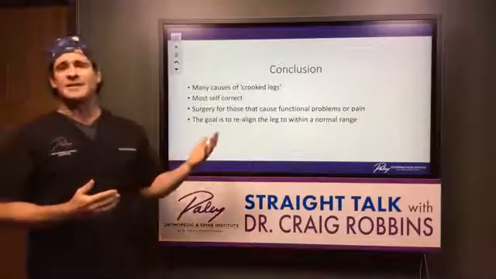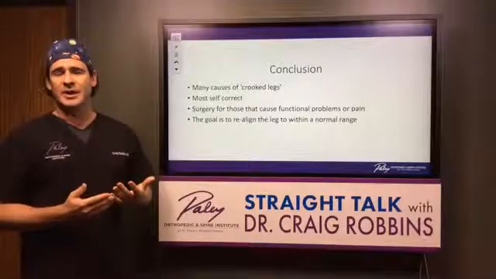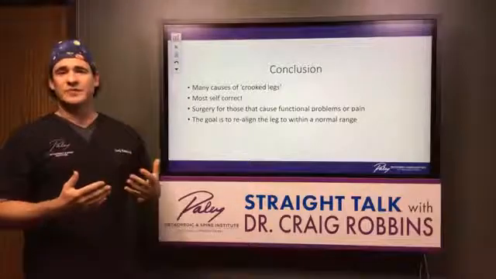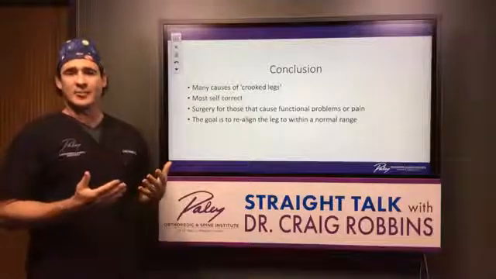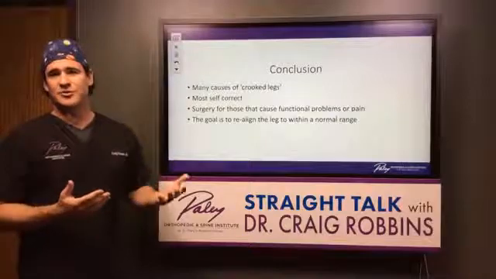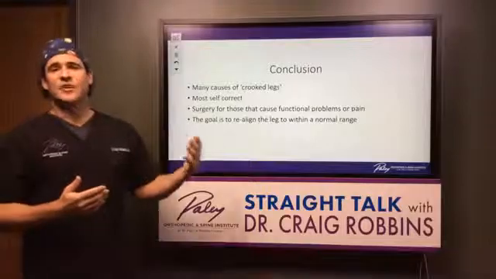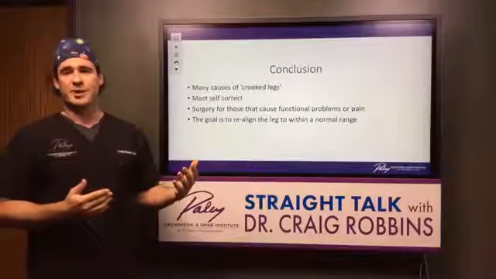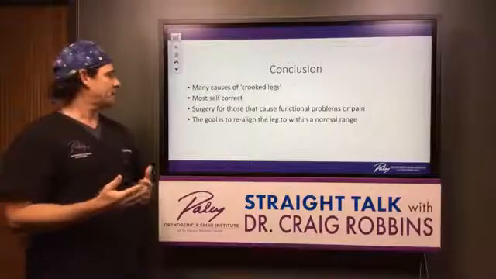What we spent a lot of time talking about today were crooked legs with angular problems such as bowed legs or knock knees, and most of these, if you're a normal developing child and you have no metabolic problems or genetic problems, will self-correct, but observation is a good thing, whether it's through the pediatrician or through your pediatric orthopedic surgeon. But the ones that cause functional problems, or the ones that cause pain, or the ones that we predict will cause problems in the future may need more intervention, and that's where surgery can play a good role.